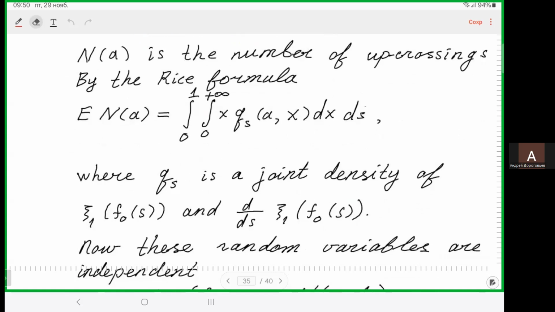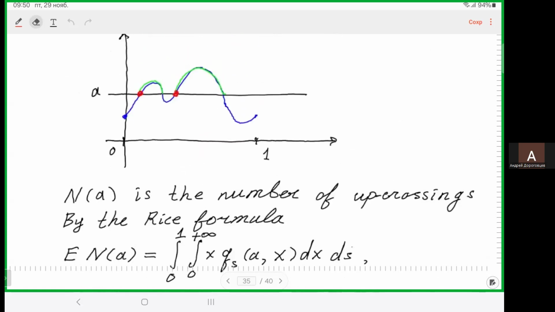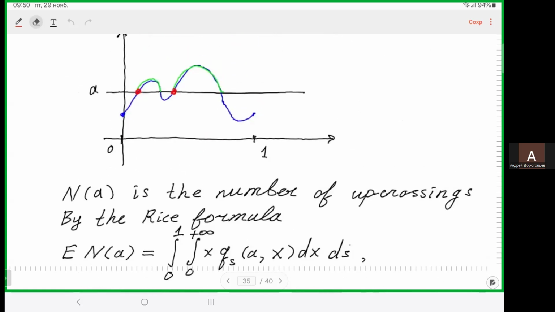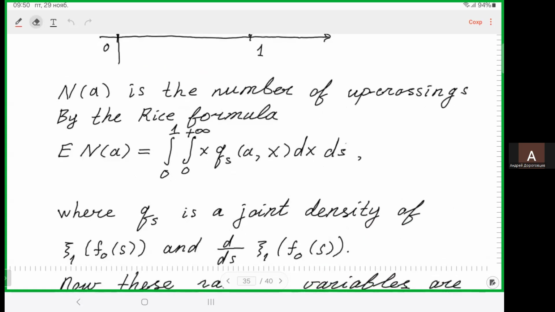And it is easy to imagine why we have such a formula. The first argument in q_s is equal to A, because we must be at the level A. And the second argument is just the expectation of the value of the derivative if it is positive. So it is very trivial to understand why it must be right. Of course, there are some technical moments to prove that it is right.